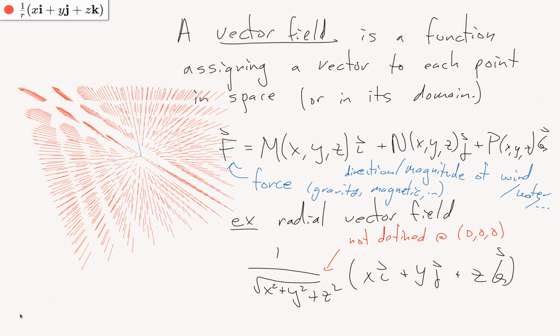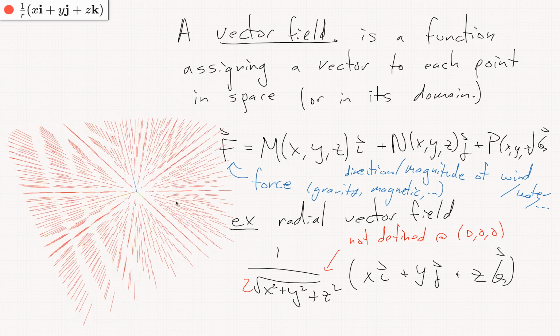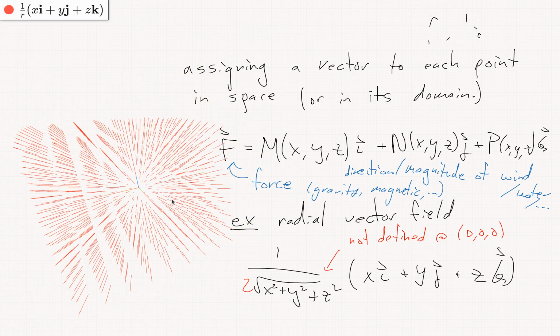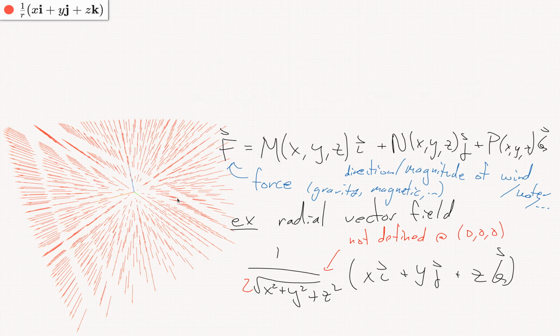I should confess that in this picture here, what I've actually graphed is 1/2 the radial vector field. So I've divided all the vector lengths by 2, just because otherwise the vectors would start to overlap and it's very hard to read. So I'll just make a note.